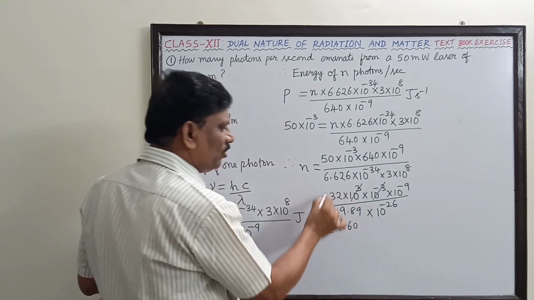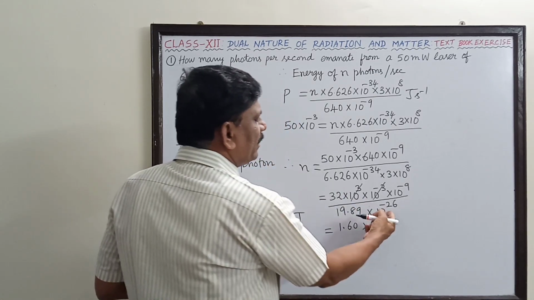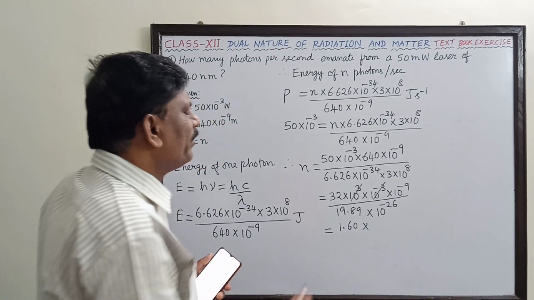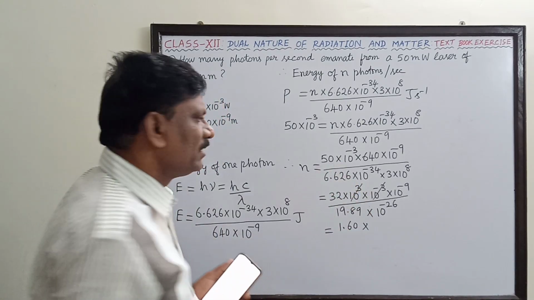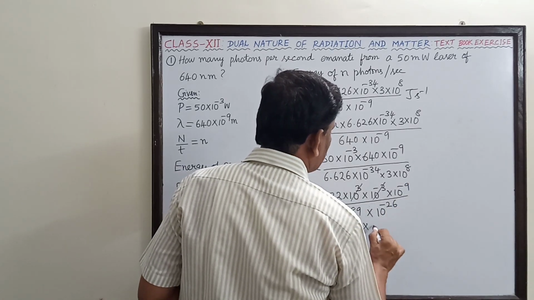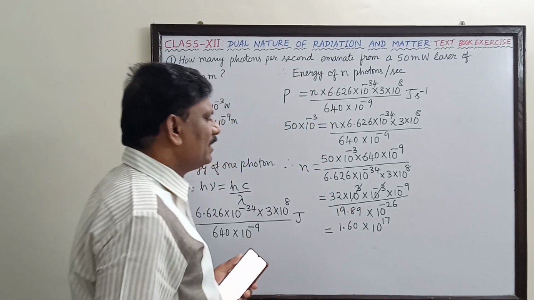This ratio 32 by 19.89, into this 10 power minus 26, is coming up as 10 power plus 26. So 26 minus 9, this is 10 power 17.